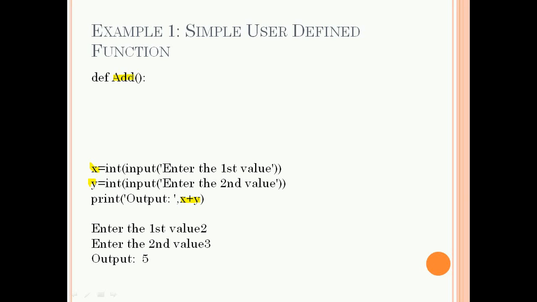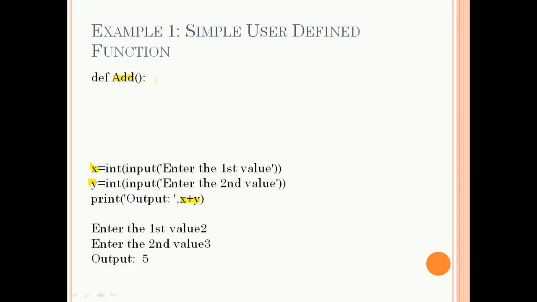And you must remember that the name of the function should be related to its work. As this function will add two numbers, you must write the name add, or similar to this you may write sum.